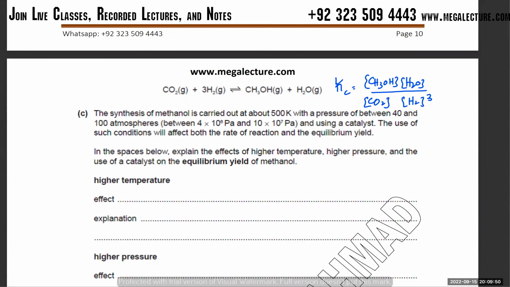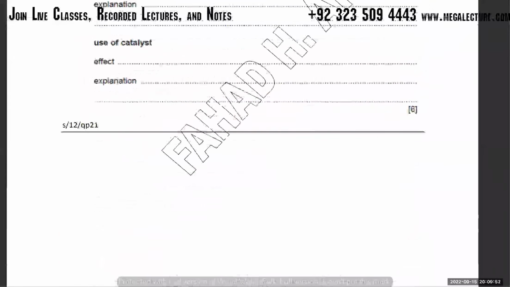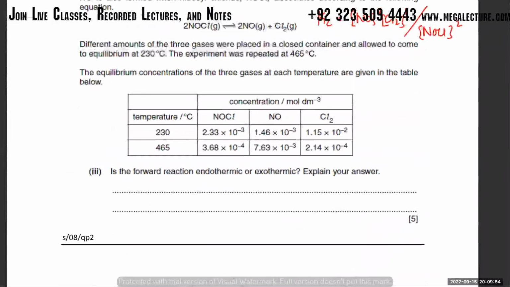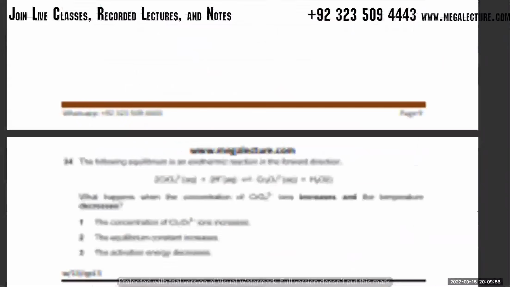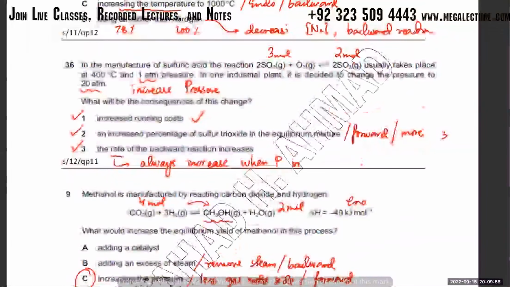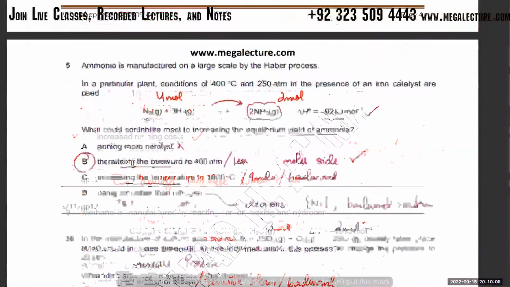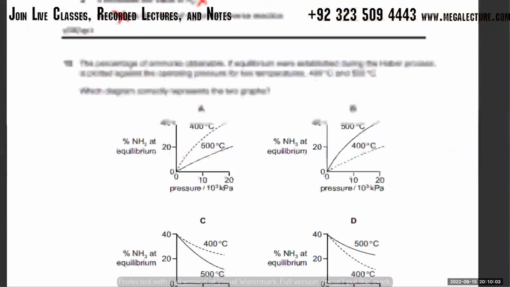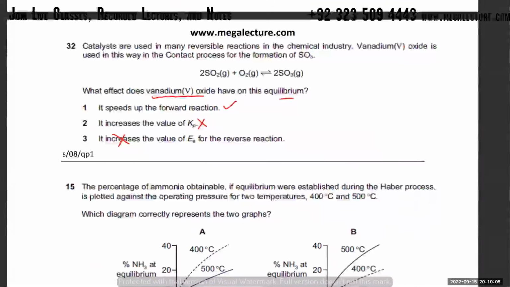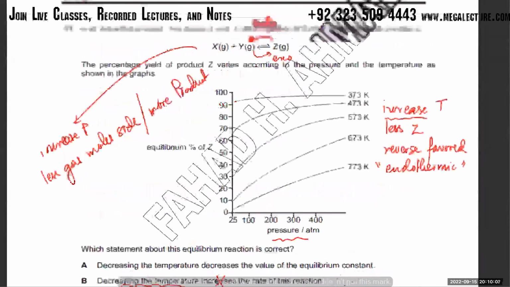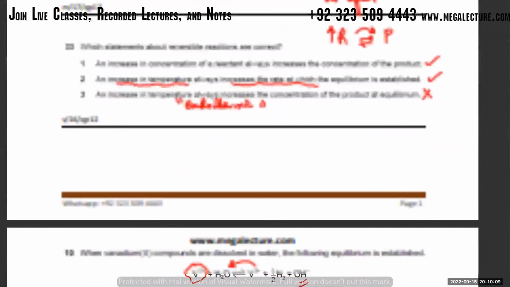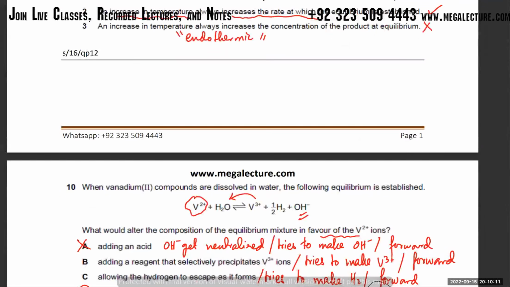Some other expressions of this one we wrote down too. If you have an equilibrium, you can write a Kc expression. We already did this. So anyways, you can write a Kc expression.